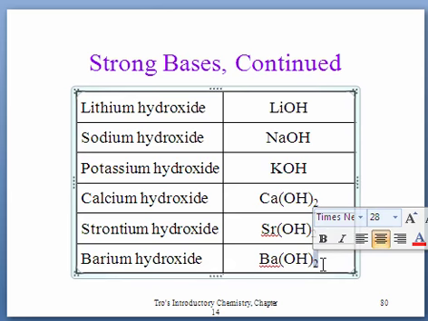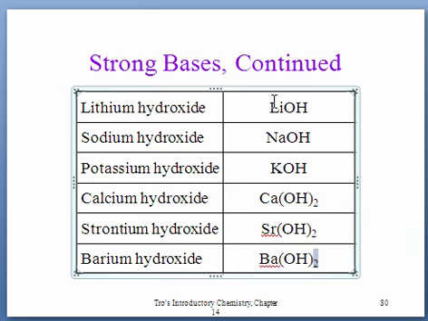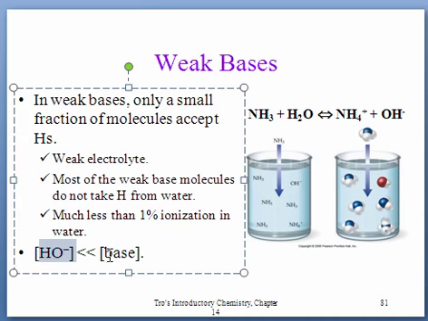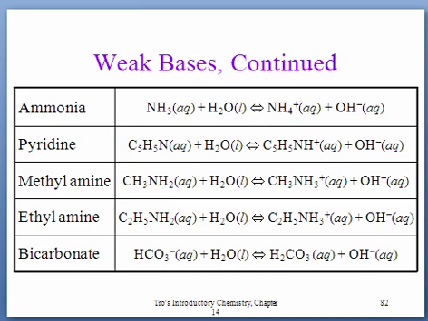So these are going to have hydroxide concentrations double that of the given molarity. These will have hydroxide concentrations equal to the molarity, and these will have hydroxide concentrations twice that. Weak bases, like weak acids, have concentrations of hydroxide that are far less than that of the base concentration, because only a small amount actually forms hydroxide.